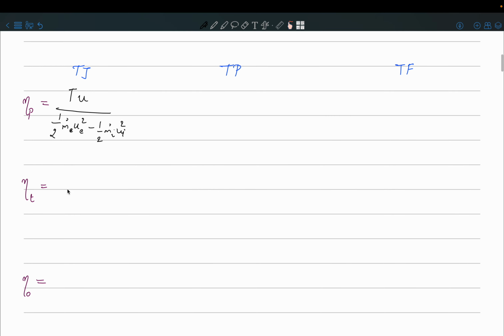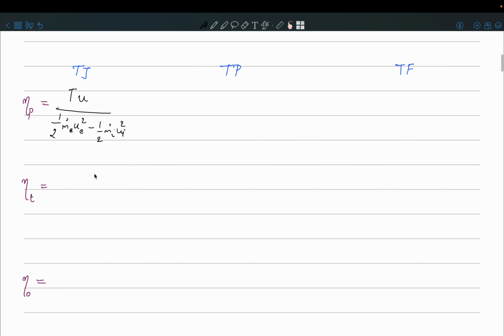And what would be the thermal efficiency? What is thermal efficiency? You are carrying some fuel, you're burning that fuel, you're providing energy. So how much change in kinetic energy is brought about by burning a certain amount of fuel?